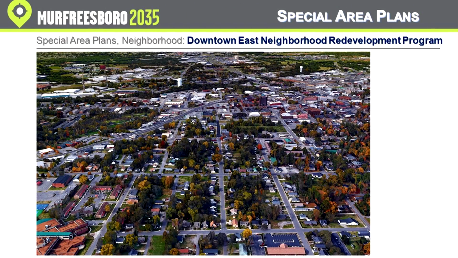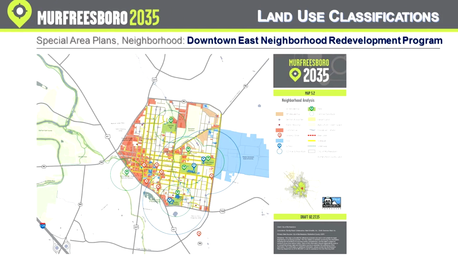What we call the Downtown East Neighborhood Redevelopment Program. We originally had a neighborhood restoration land use classification, and we decided to take that out. But these were for areas, neighborhoods that may require some municipal intervention. So we were mainly looking at, for example, the neighborhood from Main Street south to around Mercury. This whole downtown east neighborhood is a very intact neighborhood.